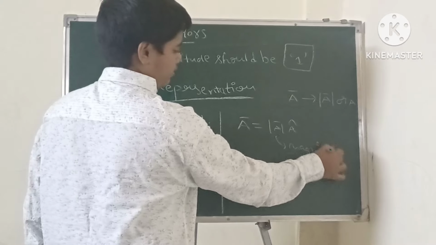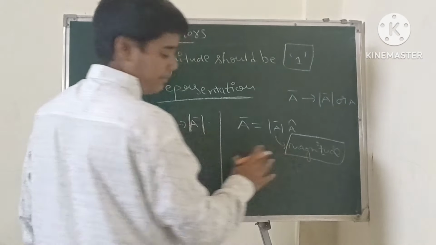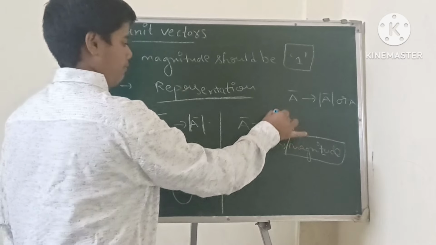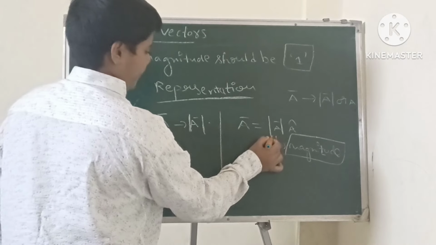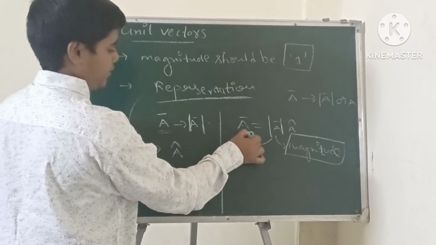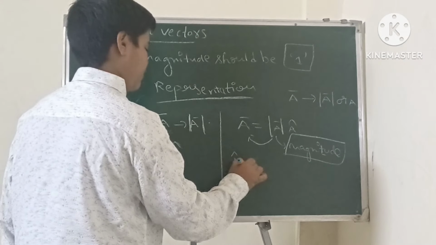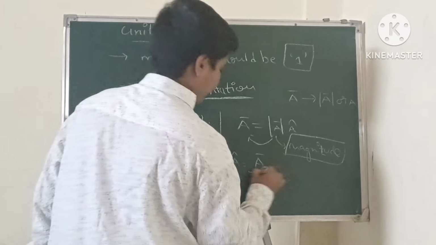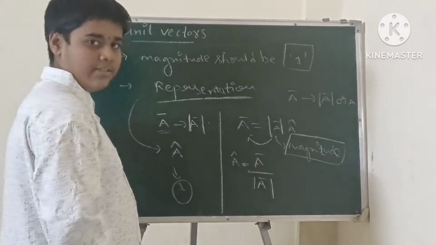Don't forget this, you should remember. Mod A means magnitude. So if I transpose this mod A to this side, it becomes A cap equals A bar by mod A bar. Okay.